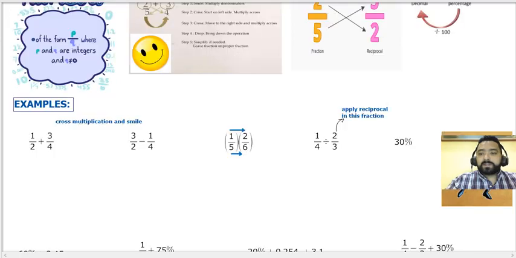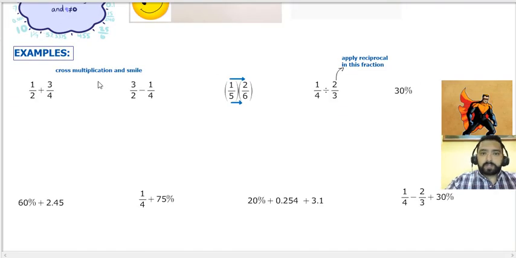I'm going to explain with this example. Remember, for adding and subtracting fractions, we use the happy face. In this case, we have 1 times 4, 2 times 3, and 2 times 4. So 1 times 4 is equal to 4, plus 2 times 3 is equal to 6, and 2 times 4 is equal to 8.